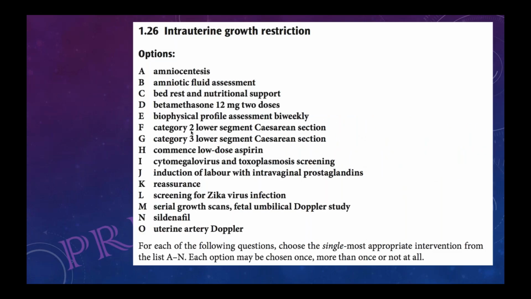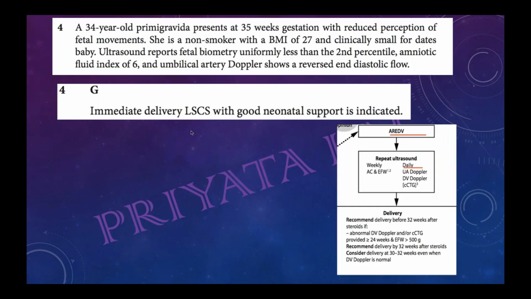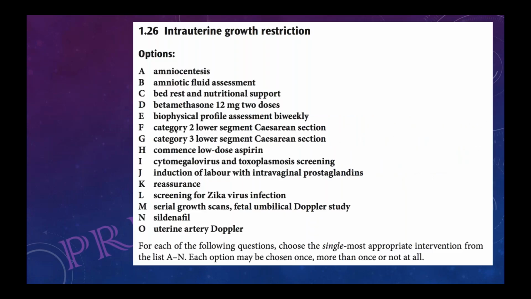Ma'am, but we will not we are going to give betamethasone 12 mg before that? Yeah, but there is no option which is saying both steroid and CS. Yeah, but considerably, we have to first give steroid and then take out the baby, right?